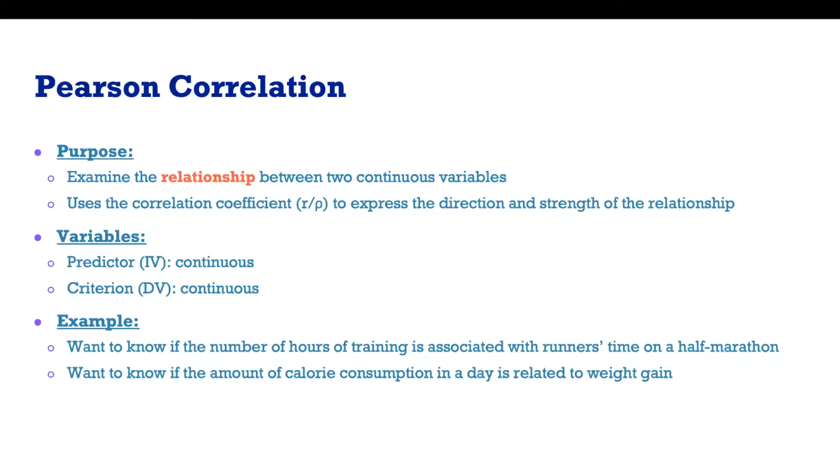Our variables are either the predictor, which we would think of as the independent variable, and it's continuous, and the criterion, which is our dependent or outcome variable. Some examples of a correlation might be, we want to know if the number of hours of training is associated with a runner's time on a half marathon, or we want to know if the amount of calorie consumption in a day is related to weight gain.